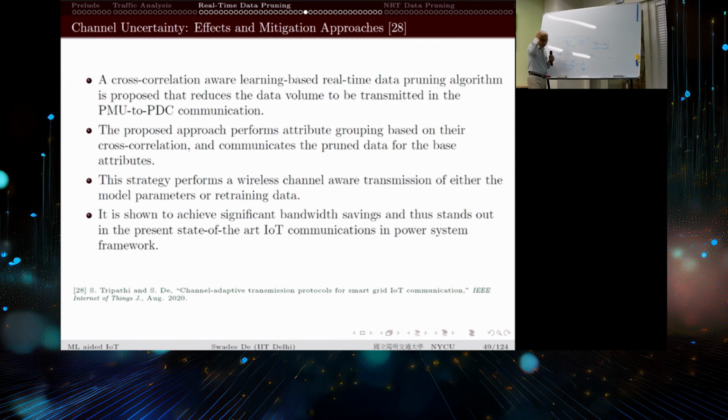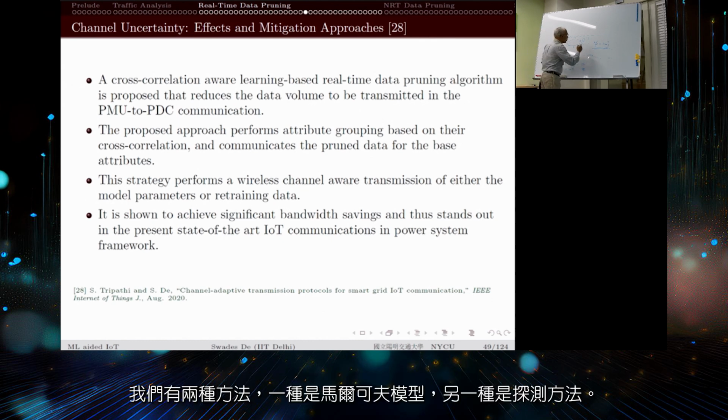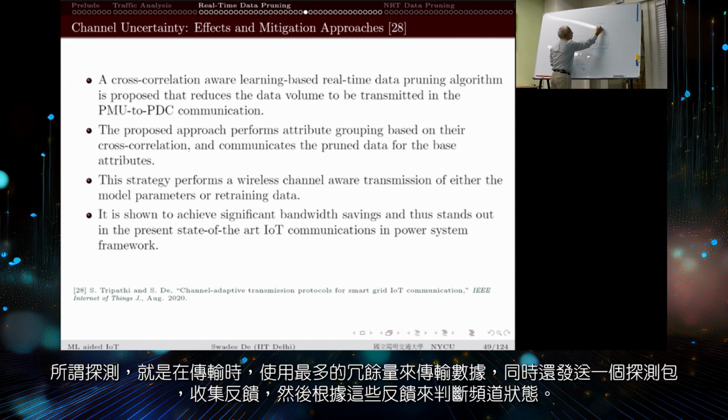So one is the Markov model, and another we call the probing method, meaning that while I transmit with most redundancy, I also send a probing packet and then collect the feedback. Then I figure out the channel state in the process, and correspondingly apply the appropriate override.